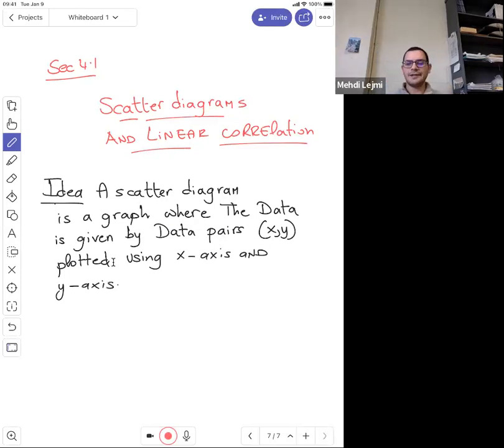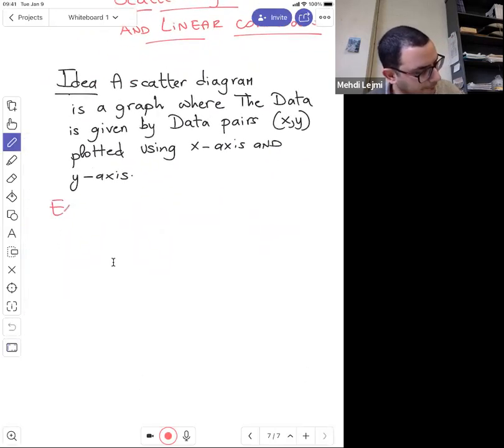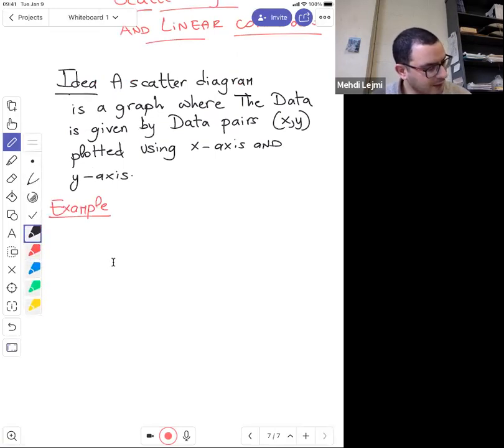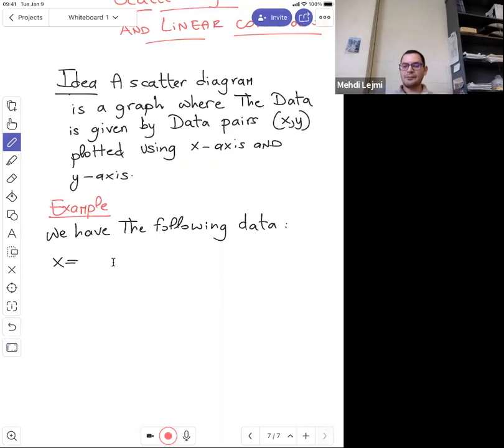Okay. So, for example, let's have an explicit example. Let's say we have the following data. In this data, x is going to represent the magnitude of an earthquake.